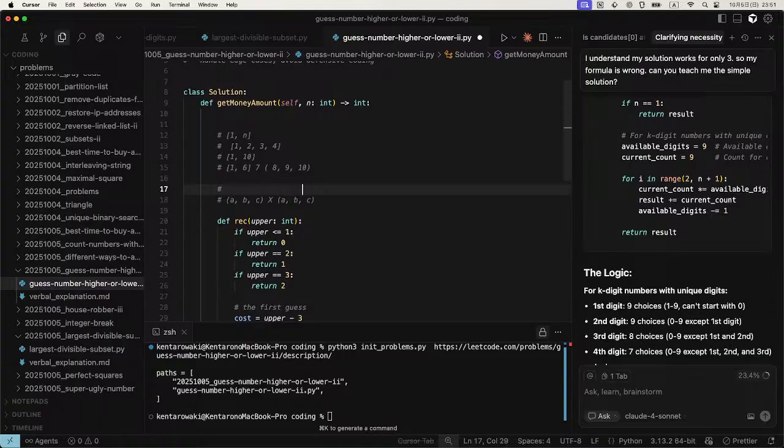And they have a structure like this. Pick one. If it's higher, we look at this and choose one.